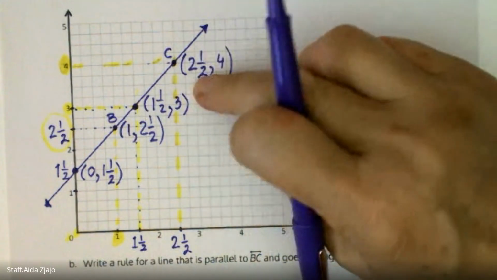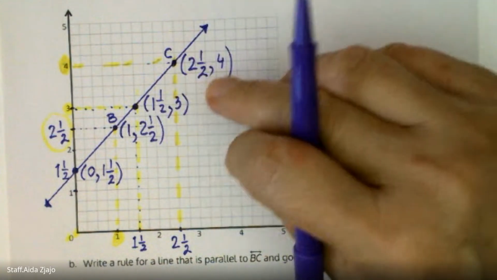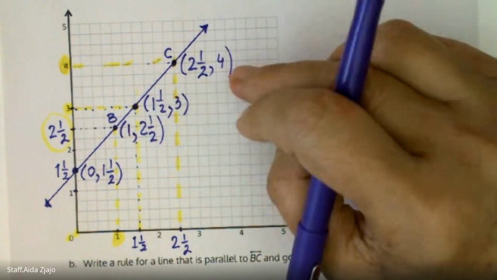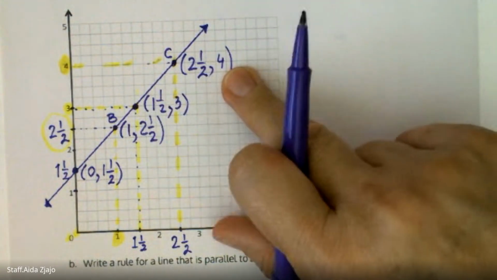Let's see, does it work for C as well? If I have 2.5 and I add 1 more, that is 3.5. And if I add half more, that would make 4. So I found my rule.